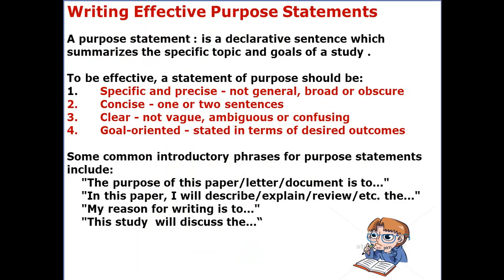So, writing an effective purpose statement. A purpose statement is a declarative sentence which summarizes the specific topics and goals of the study. To be effective, the statement of purpose should be specific and precise. It is not general, not broad or obscure.